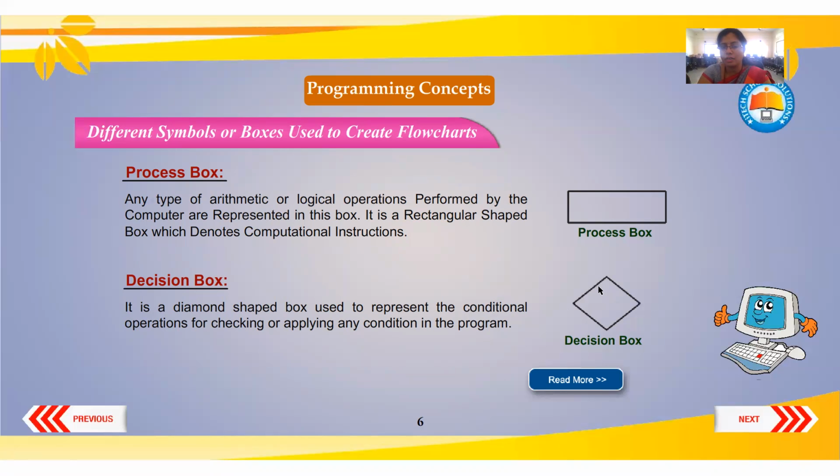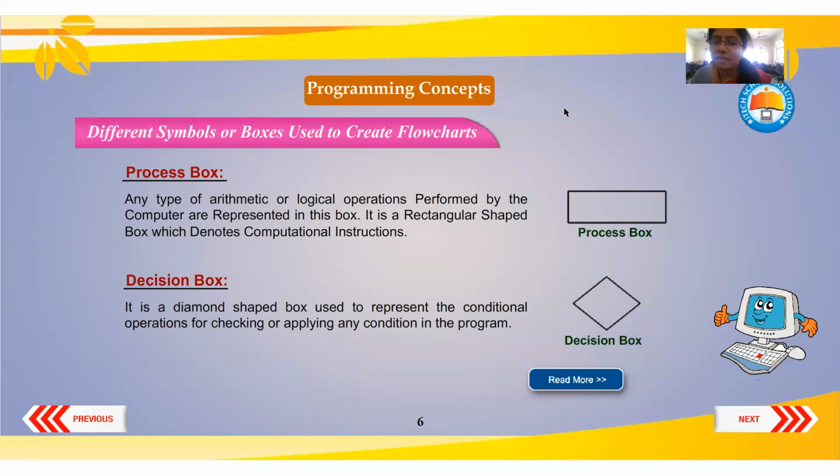Whenever we are doing this kind of problem solving in mathematics, saying that this particular number is greater than that particular number, or is it equal to, not equal to, such kind of problems wherein there is some decision happening, in those kinds of decision statements we use this particular thing called the decision box.